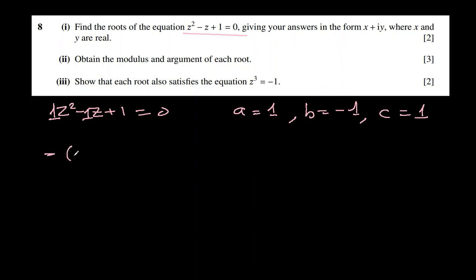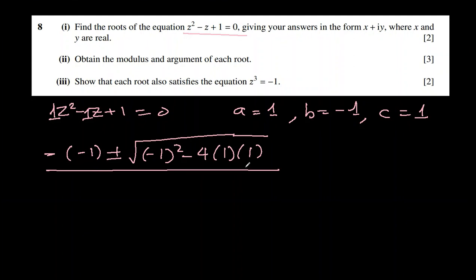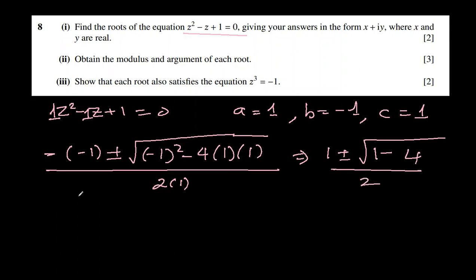So minus b, which is minus 1, plus minus square root b squared minus 4ac, both are positive, over 2 times 1. So minus and minus become positive 1, plus minus square root of 1 minus 4, because minus 4 times 1 is minus 4, divided by 2.